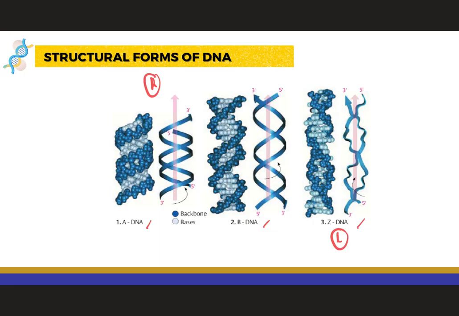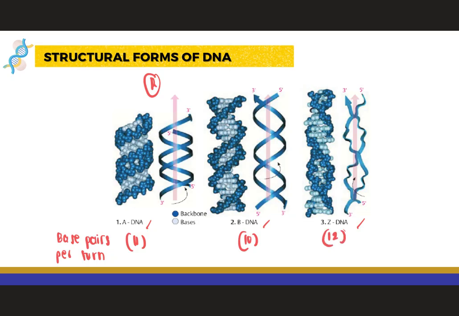Okay, let us compare your A, B, and zDNA with regards to number of base pairs per turn. So for aDNA, 11 base pairs per turn. For bDNA, 10. And for zDNA, 12 base pairs per turn.